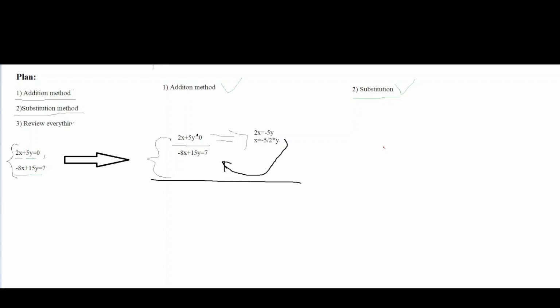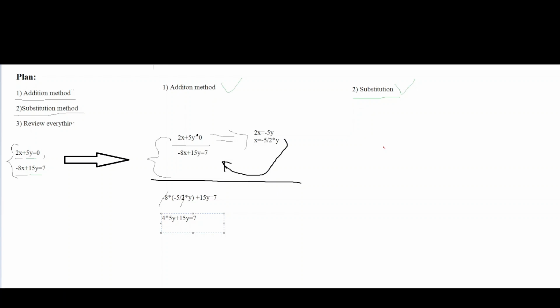It will look like minus 8 multiplied by, open the brackets, minus 5 over 2 multiplied by y, close the brackets, plus 15y equals 7. Here minus 8 and minus 2 cancel, so we'll have 4 multiplied by 5y plus 15y equals 7.